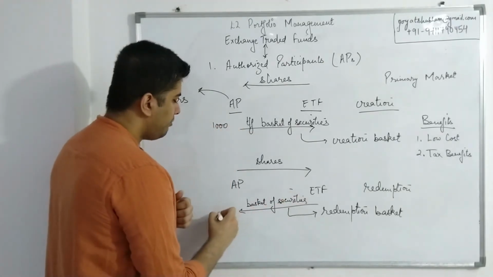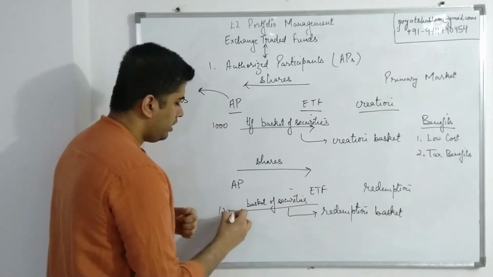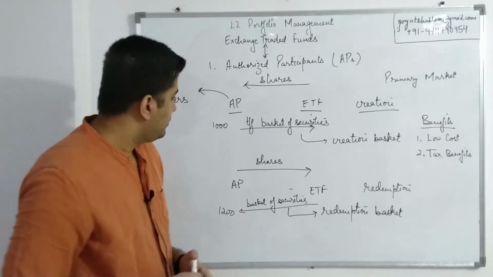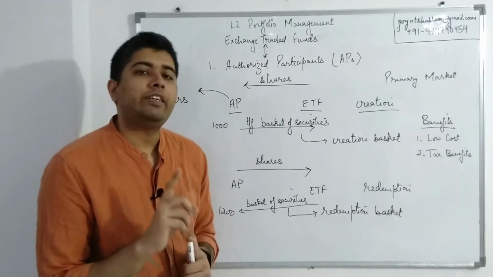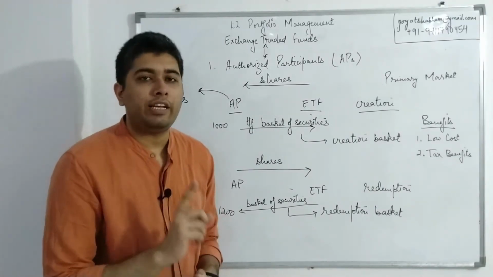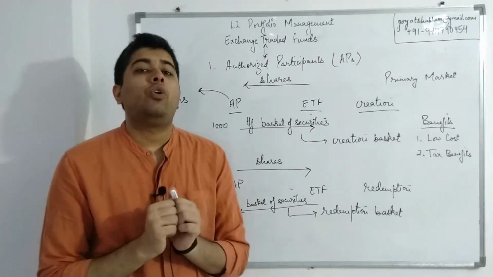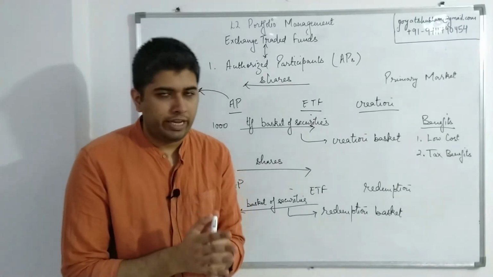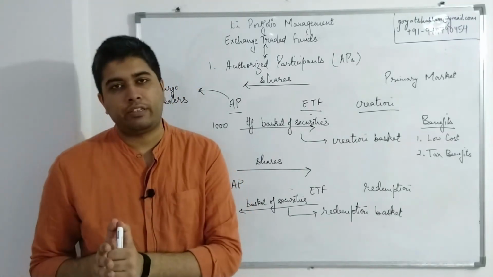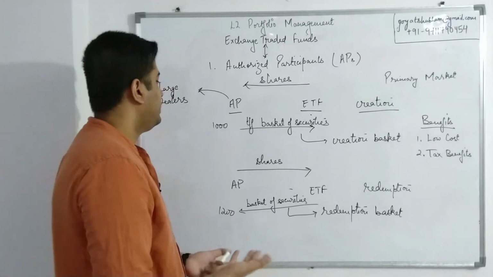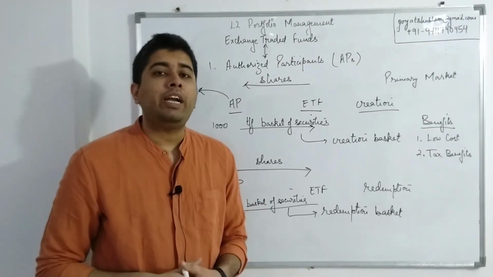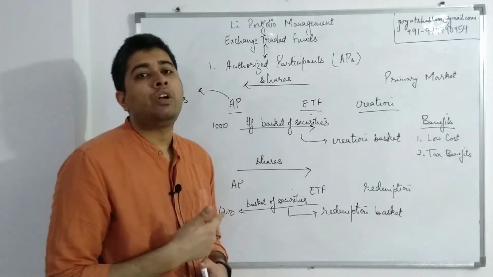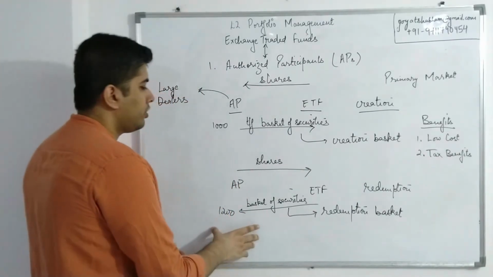And when he received it back, the value of these securities is 1200. This 200 is his gain, but he hasn't realized it in cash. It is still unrealized gain. Tax is always charged on realized gain, not on unrealized gain. So in that case, he won't have to pay tax immediately on this 1200. Rather, this 200 will be taxed when these securities are sold.